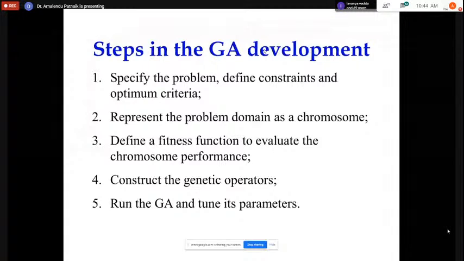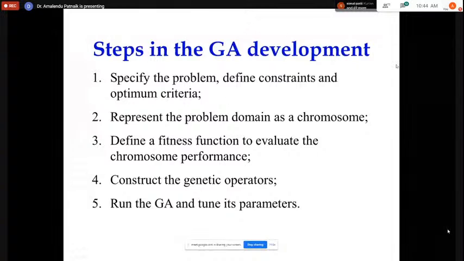Specifying the problem means the problem has to be properly defined. In this case, when you are planning to use meta-heuristics, you convert that problem to a suitable maxima or minima problem.